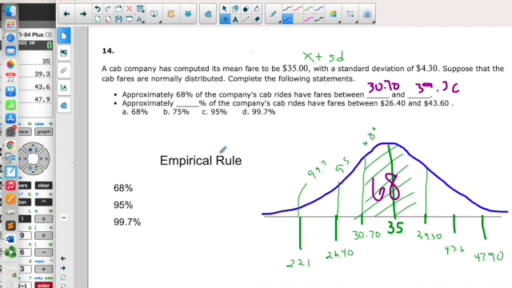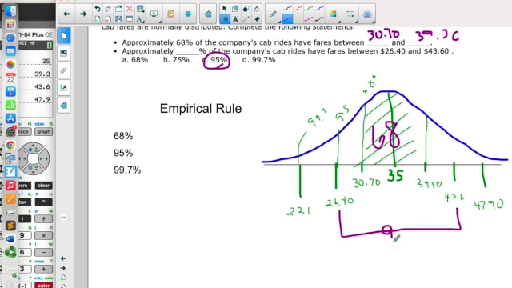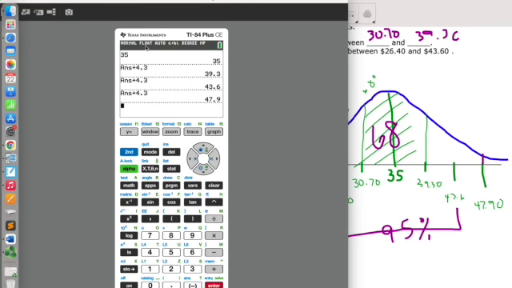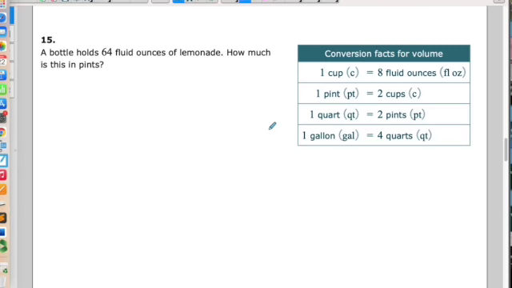Approximately what percentage falls between 26.40 and 43.60? That would be 95%. And of course, the last number is the 99.7%. And that leaves us with 0.15 here and 0.15 on the other side for the 4 standard deviations of the mean. But usually we cover it all and we can do it.